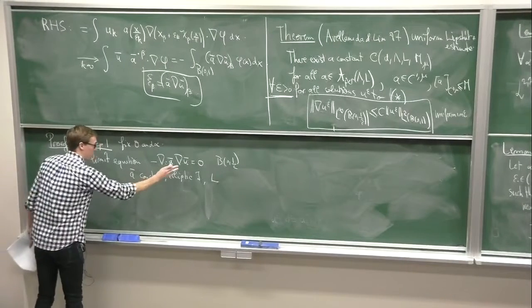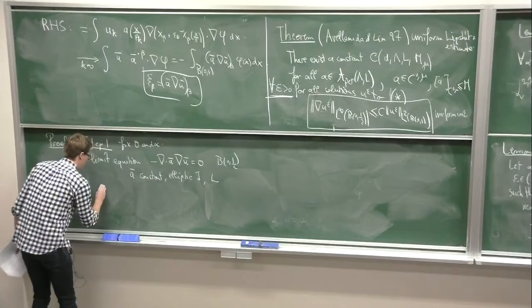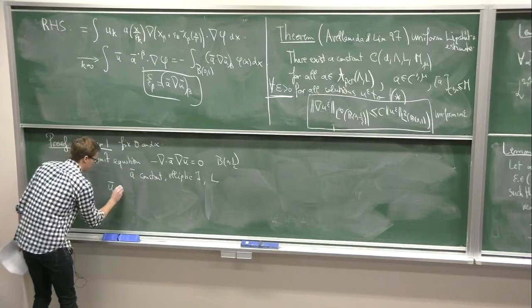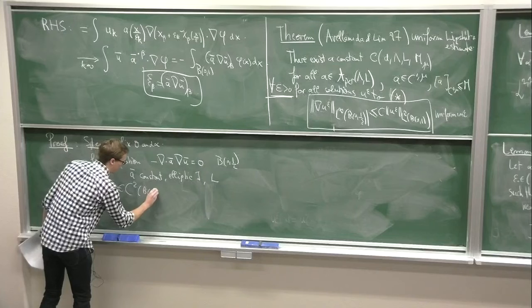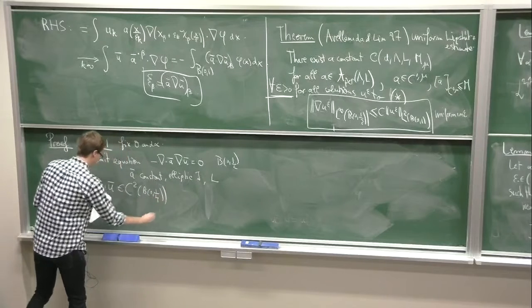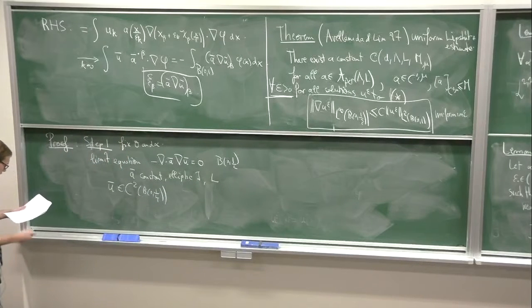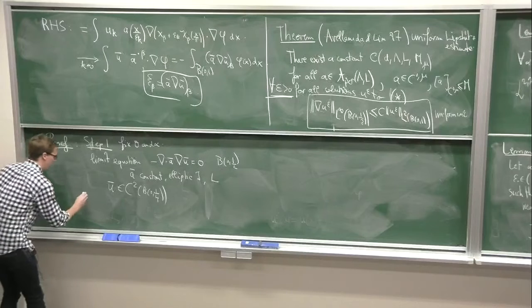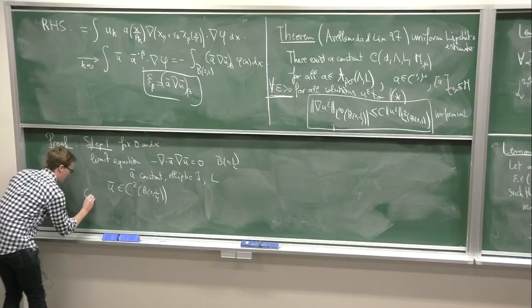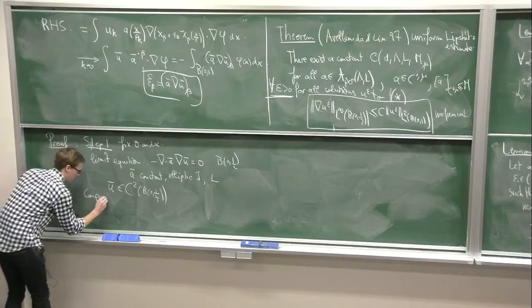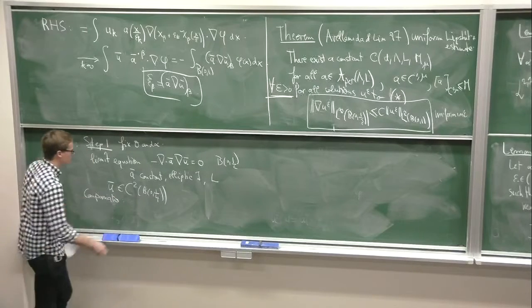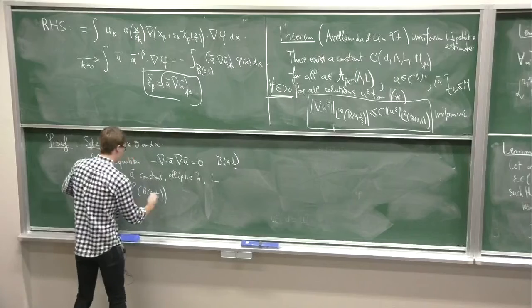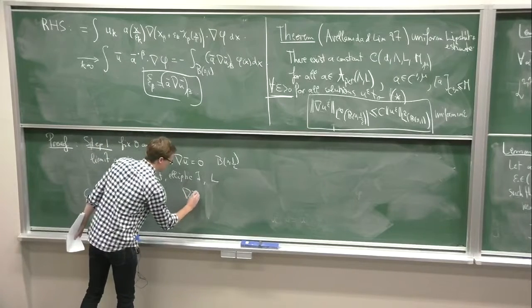So I look at this equation, and regularity theory tells me that U bar is C2 in B0 1/4. So by Campanato, I know that, okay, U bar is C2 means that the gradient of U bar is C1.